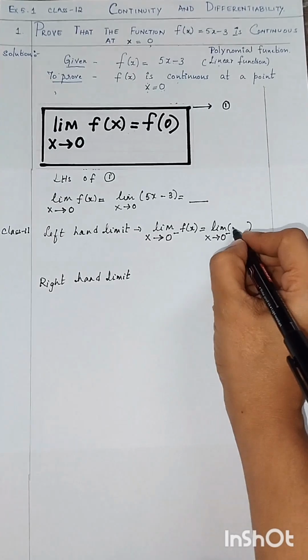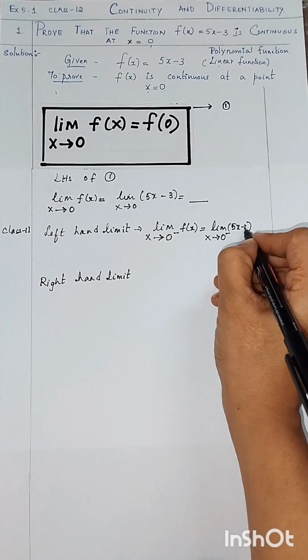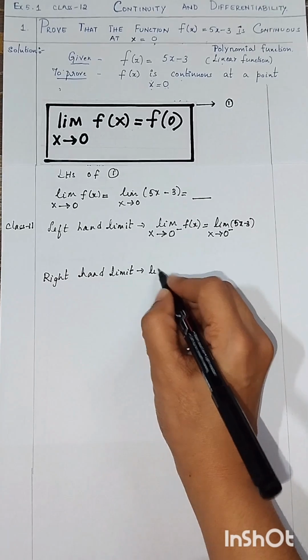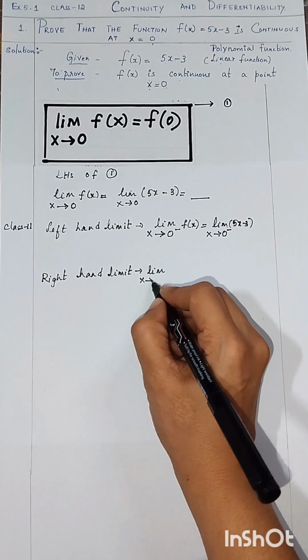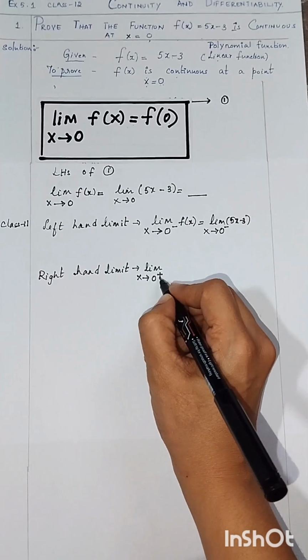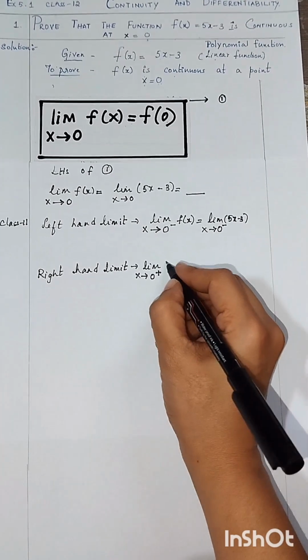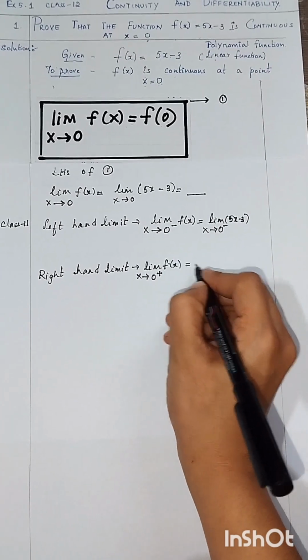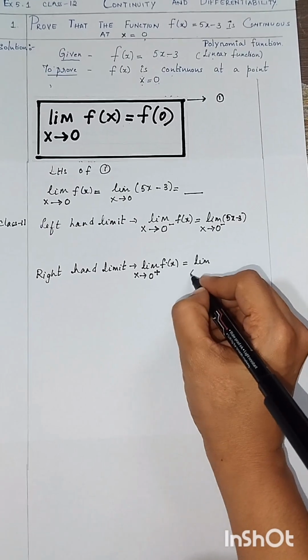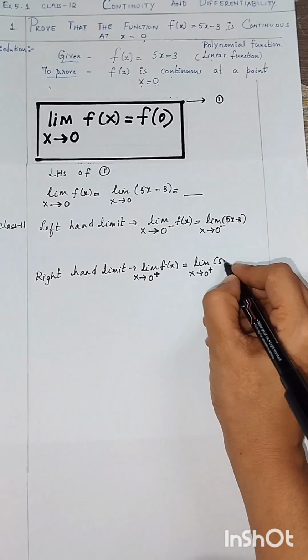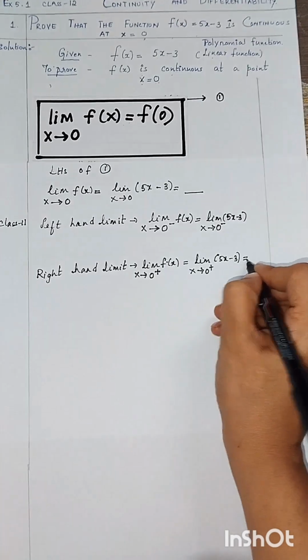The function defined here is 5x minus 3. Okay, and how do we write the right hand limit? Limit x approaches 0 plus, the plus indicates the input is approaching from the right side. f of x is equal to limit x approaching from the right, 5x minus 3 is equal to.